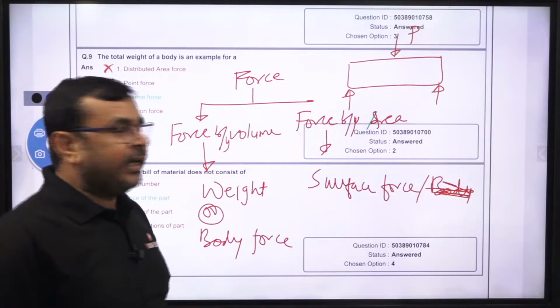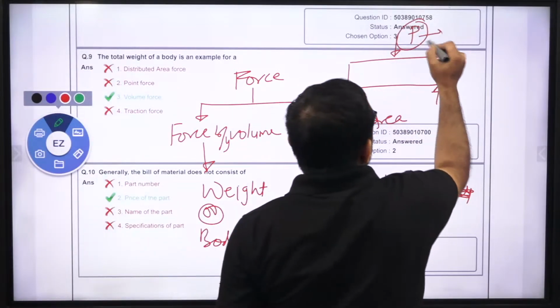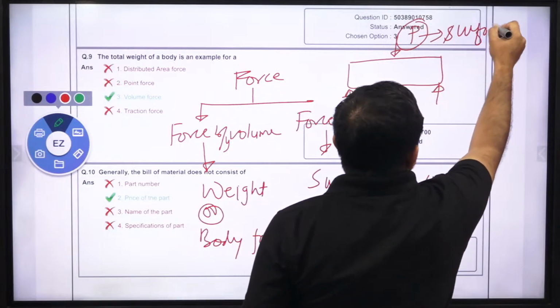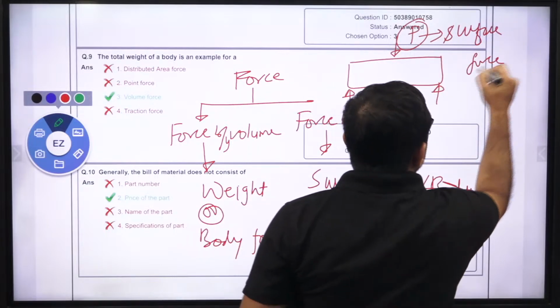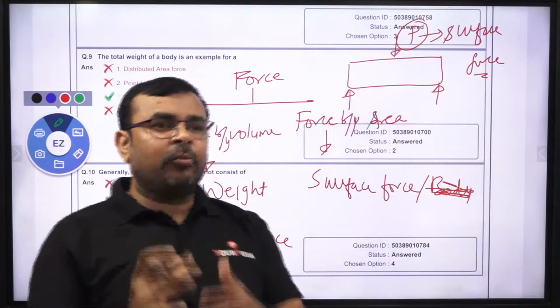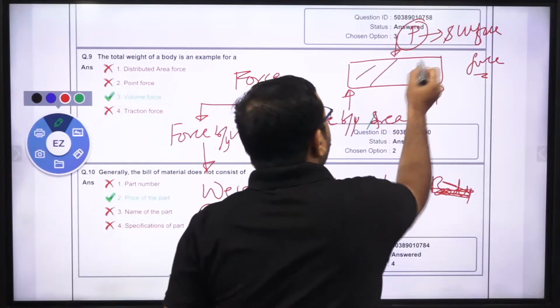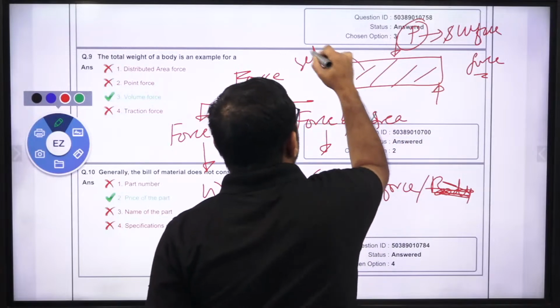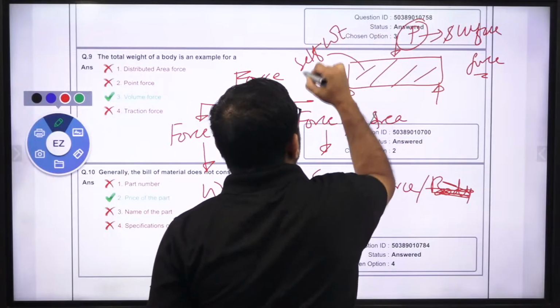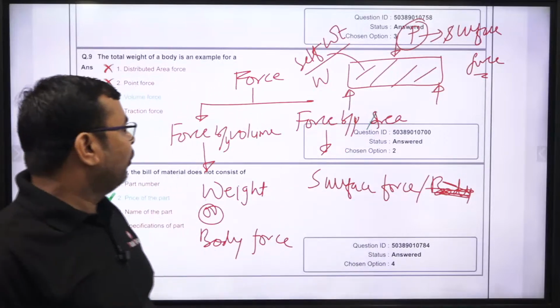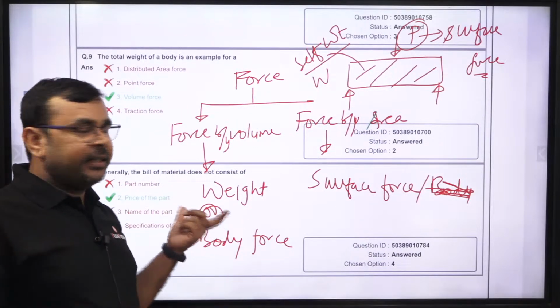Can I say this external force is called a surface force? This force is acting at a very small point, that's why it is called a concentrated force. And the own weight, or self weight, of this body is called body force, or we can say weight.